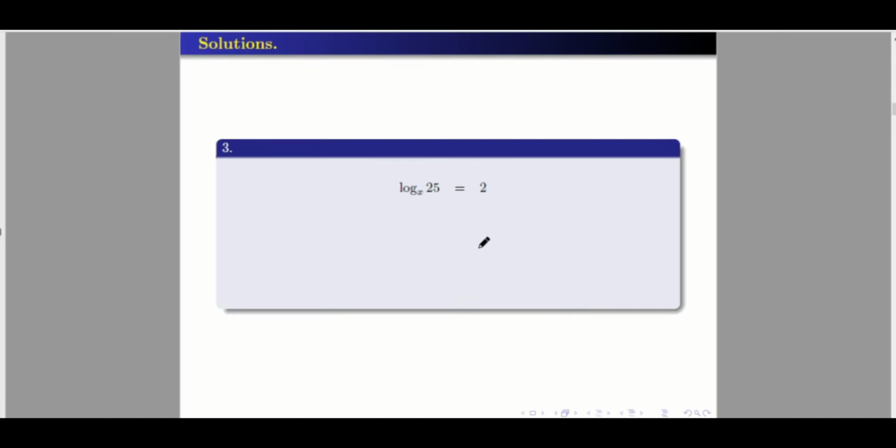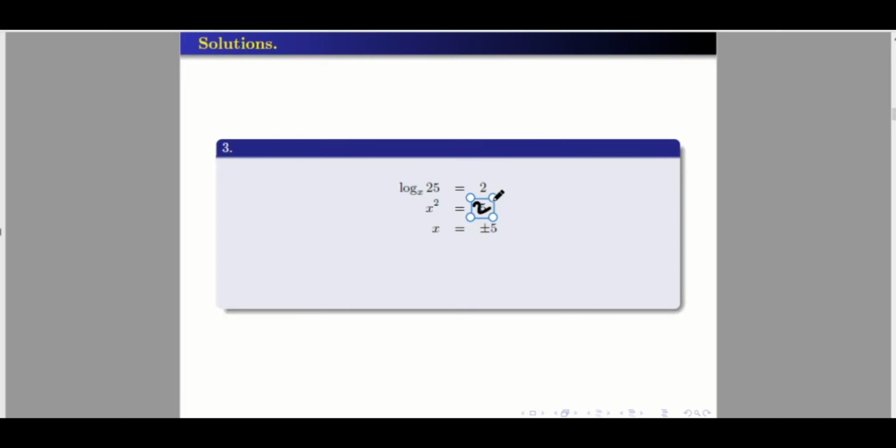Number 3, we have this. x raised to 2 equals 25. So we have x squared equal to 25. If this is 25, we'll just take the square root.